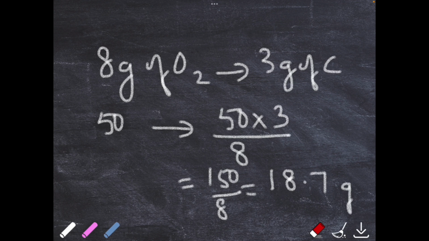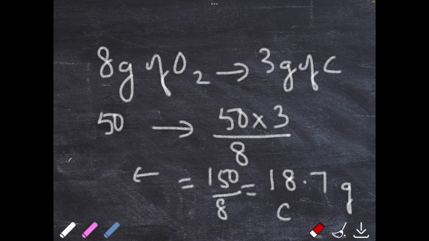Now given to us is only 3 grams of carbon. So if we react 50 grams of oxygen, then this 50 grams of oxygen will be requiring 18.7 grams of carbon.